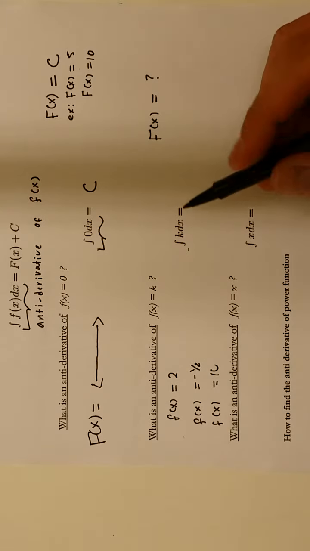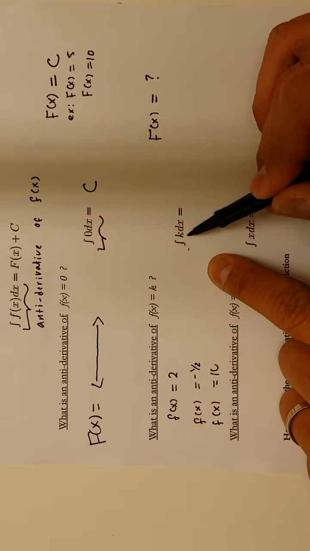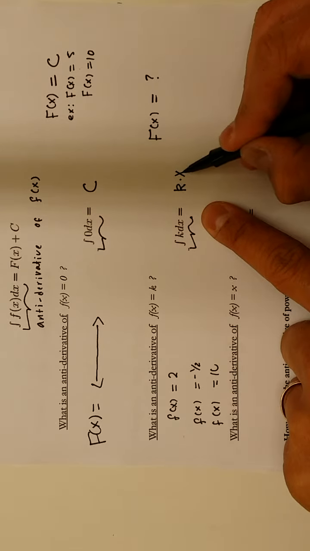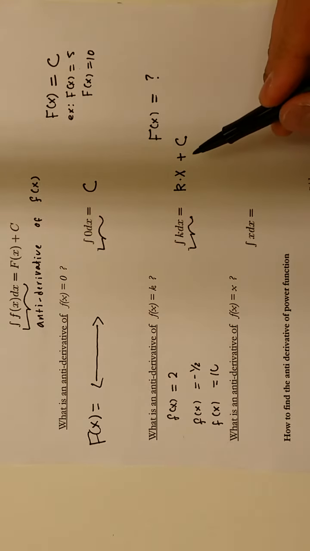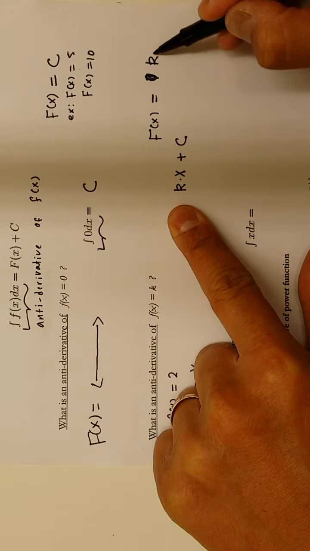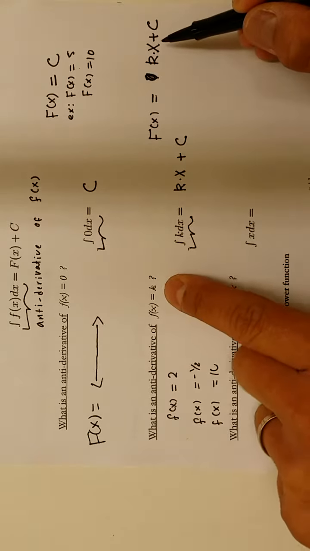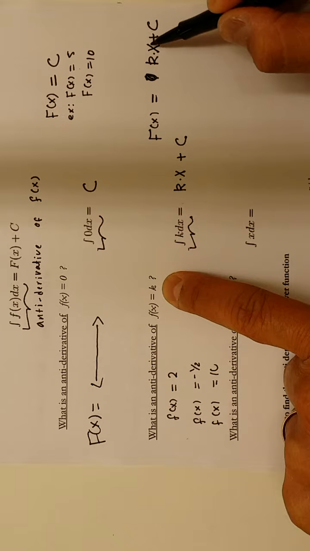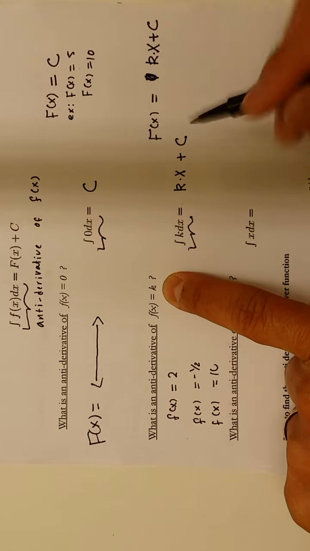In general, if k is your derivative, then the antiderivative of k, represented by this symbol, is equal to k times x plus c. It makes sense because if you take the derivative of big F, you get k, because the variable goes away, and of course the derivative of a constant goes away.